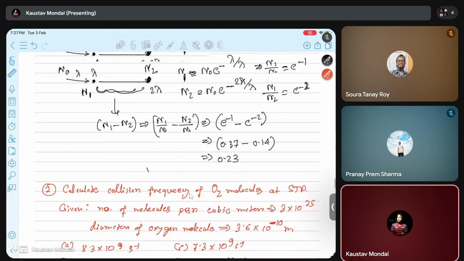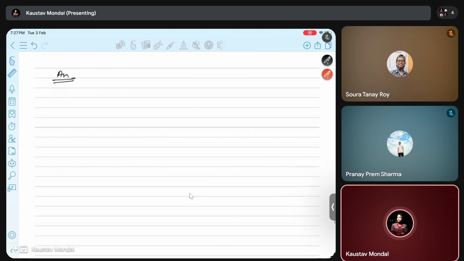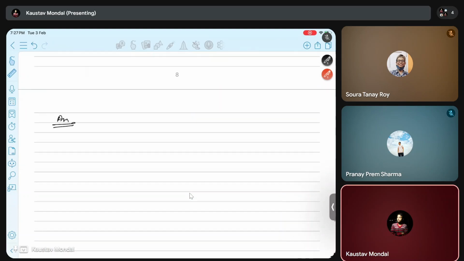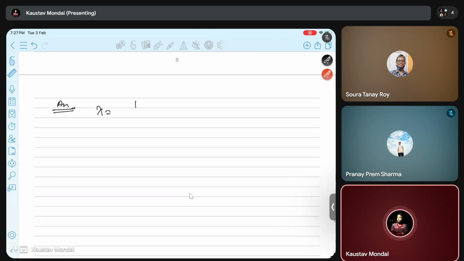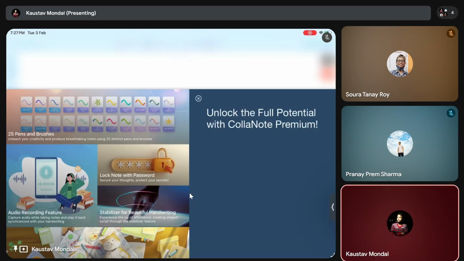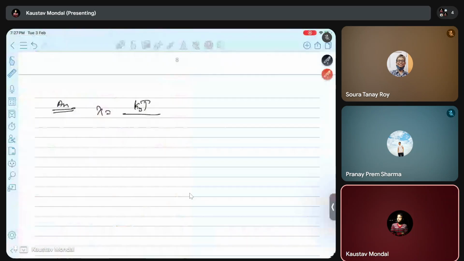So we know lambda is basically kBT by root 2 sigma into P. Now, lambda basically is proportional to T and inversely to pressure P, right?